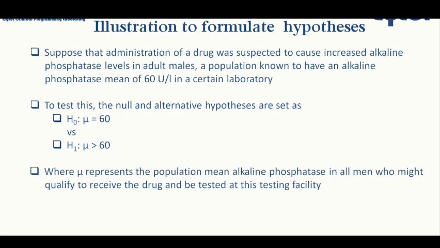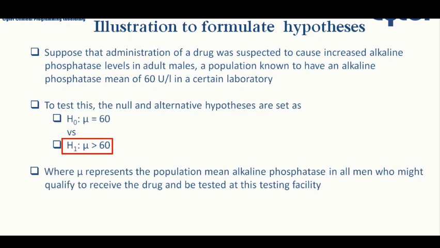Now you will tell me that this is a one-tail test. We have seen that there are either one-tail tests or two-tail tests. One-tail test implies one direction under the alternative hypothesis, whereas two-tail test indicates both directions in the alternative hypothesis.